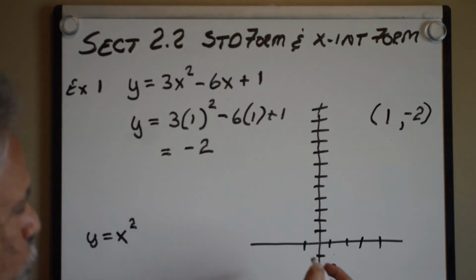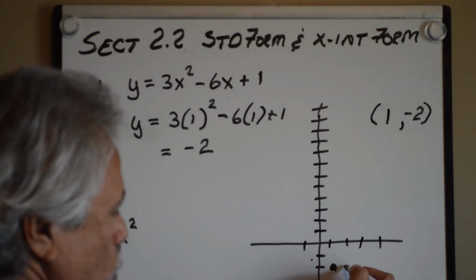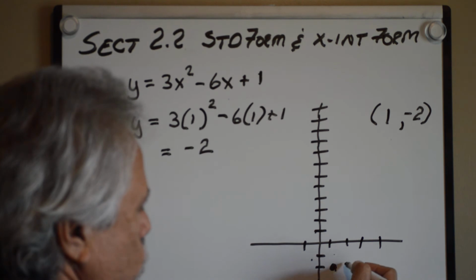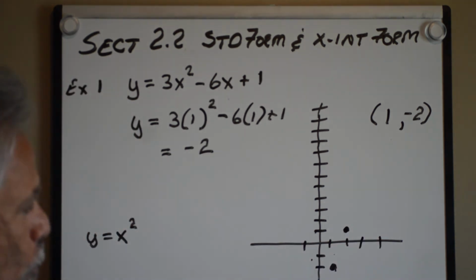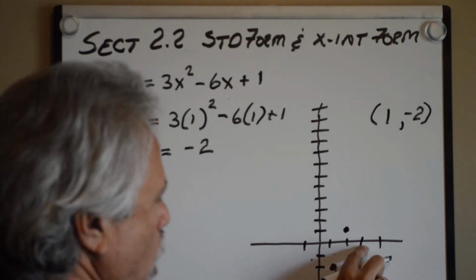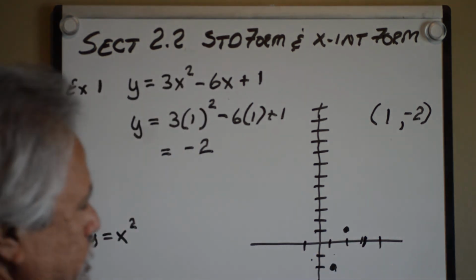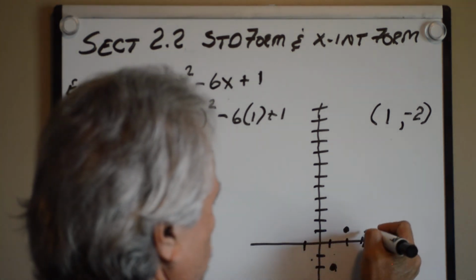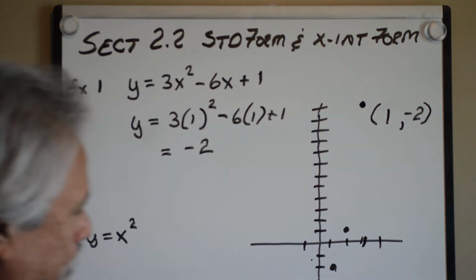Now my points. When x is 0, y is 0. When x is 1, y is usually 1, but now it's 1 times 3, so it's 1, 2, 3, right up there. When x is 2, y is usually 4, but now it's 4 times 3, so it's 12, right up there.